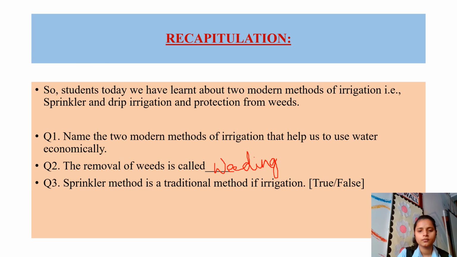Question three is, the sprinkler method is a traditional method of irrigation. Is it true or false? Write down your answer in the chat box. It is false because the sprinkler method is a modern method of irrigation. Very good.